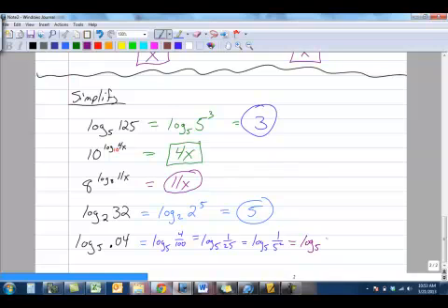Well, that is log base 5 of 5 to the what power? -2, right? Remember, we got a fraction. 1 divided by 5 squared is the same thing as 5 to the -2. So now we're at log base 5 of base 5. Those cancel. What's our final answer here? -2.